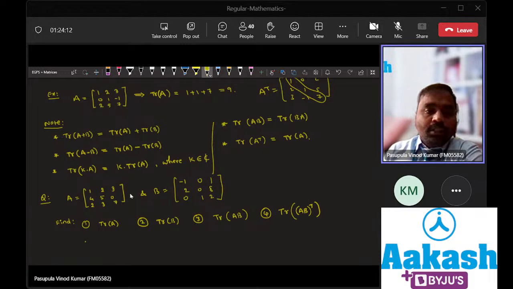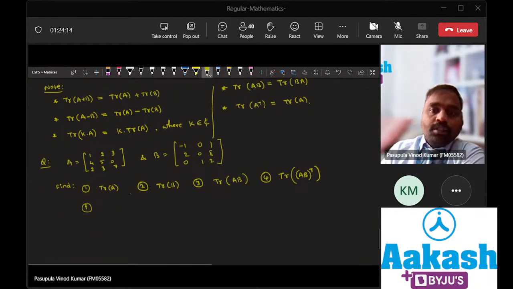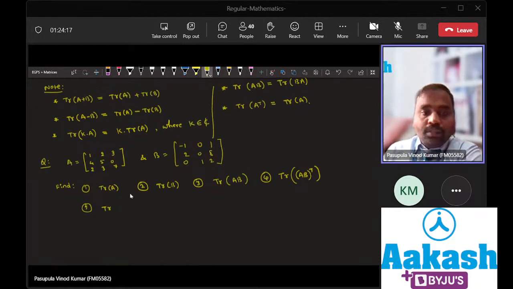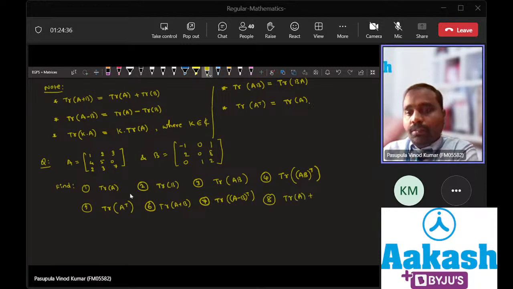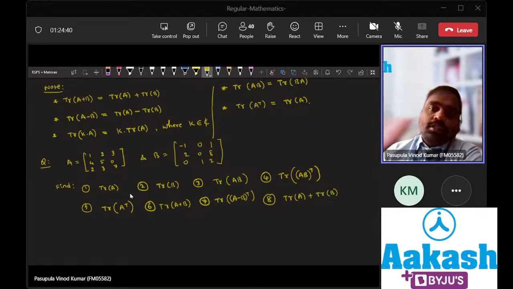Next, fifth one, the trace of A transpose. And the sixth one, trace of (A plus B). And seventh one, trace of (A minus B) whole transpose. Next, eighth one, trace of A plus trace of B, like this. So try all these questions once.